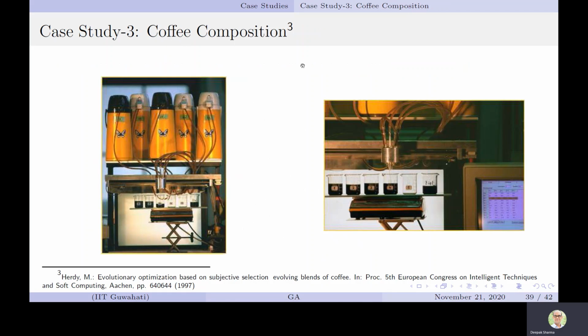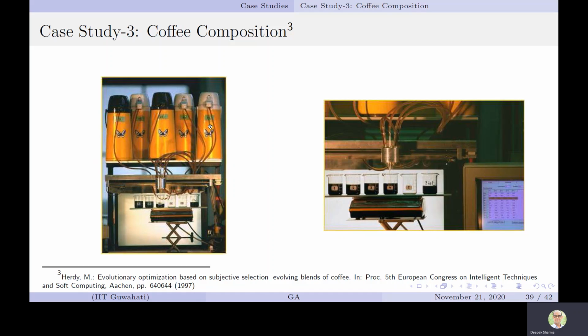Coming to the third case study, that is the coffee composition, which is another very interesting study using a genetic algorithm, or rather one of the algorithms under evolutionary algorithms. In the figure on the left hand side, these are the coffee jars.